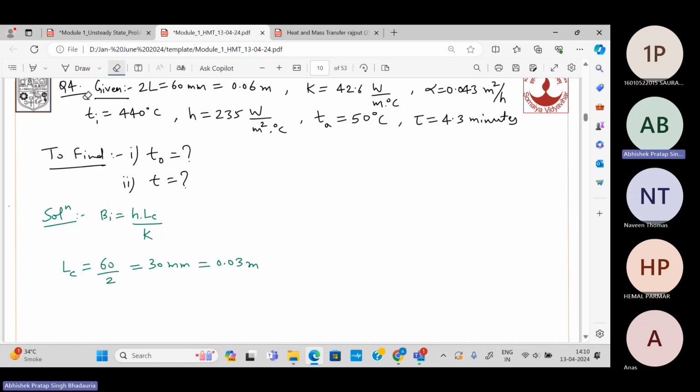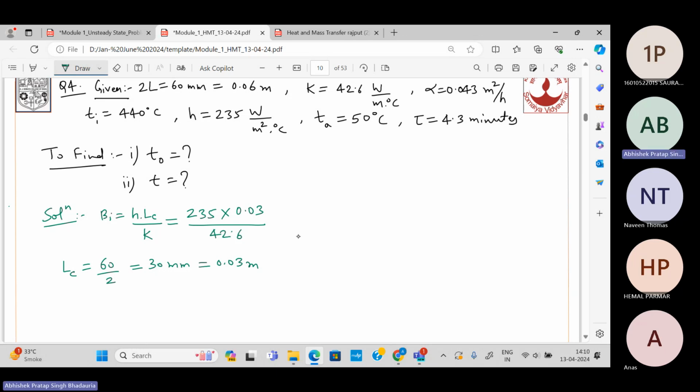Let's calculate the Biot number first. The h value is given as 235. Lc we have already calculated. It's the semi thickness of the plate, that is 0.03, and the thermal conductivity is given as 42.6.